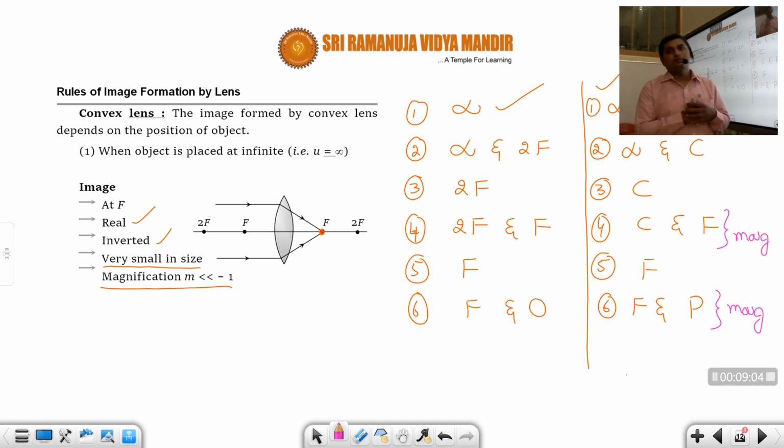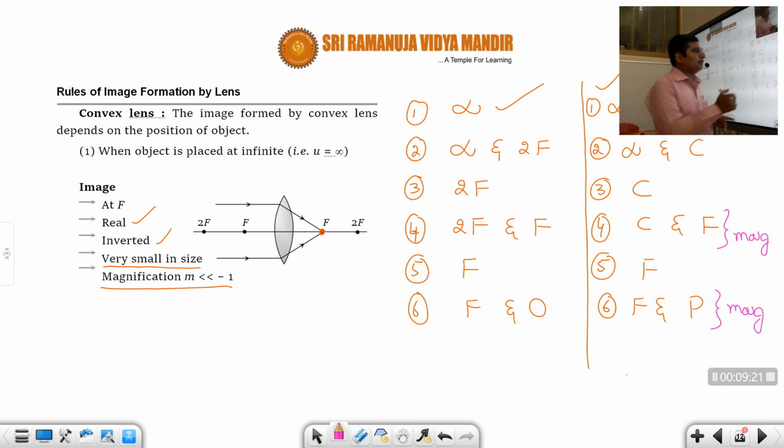Although the images formed for these 2 positions are magnified, there is a clear distinction between these 2 images in terms of their nature. One of them is real and the other is virtual.